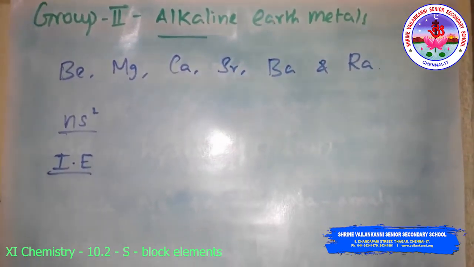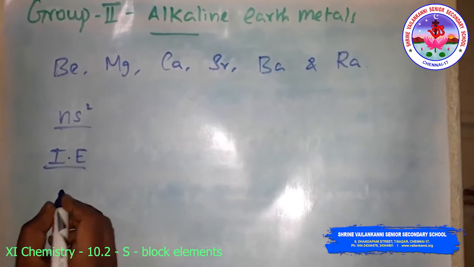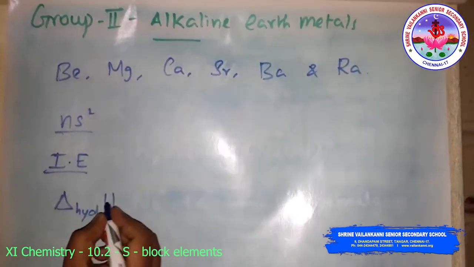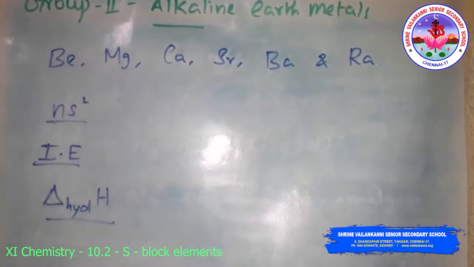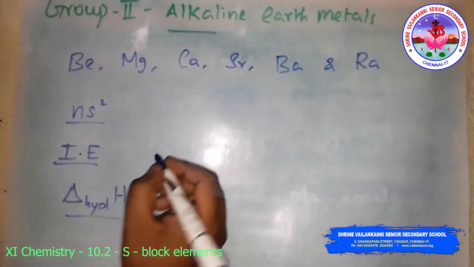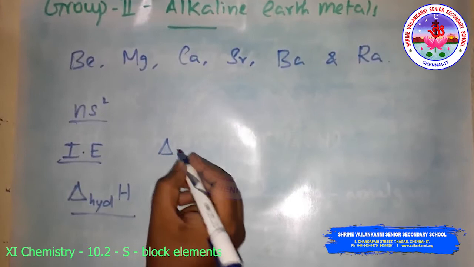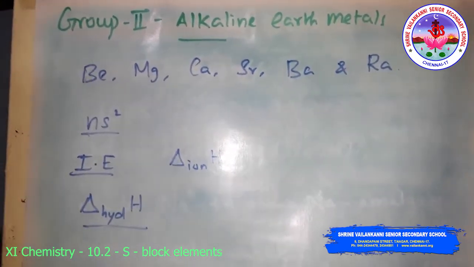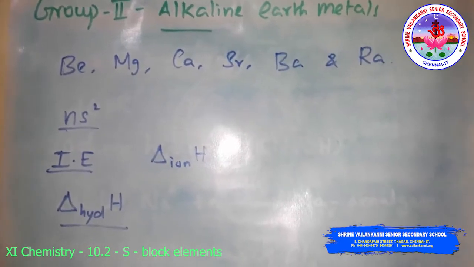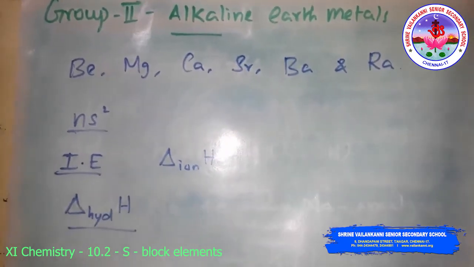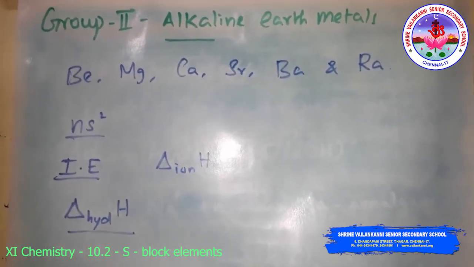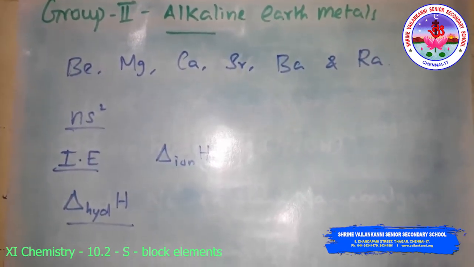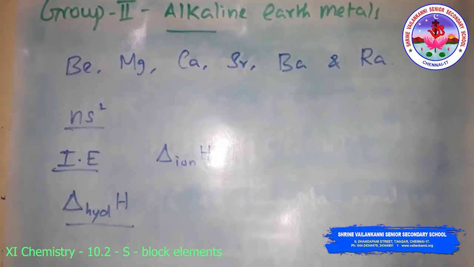Next is the hydration enthalpy. The hydration enthalpy of the alkaline earth metal ions decreases with increasing ionic size down the group.